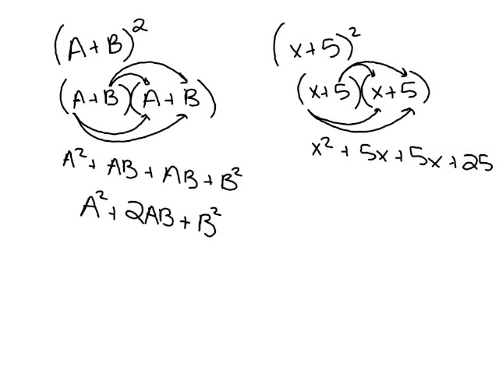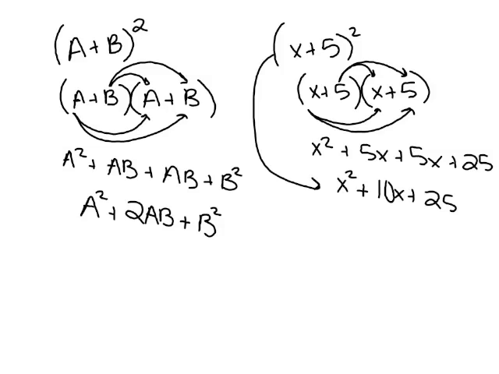Combine like terms: x squared plus 10x plus 25. So the shortcut is knowing that I can go from this to this and skip all those middle steps. I'll have x squared, my first term, 5 squared, my last term, and in the middle 5x times 2. You'll get the same answer if you FOIL it out and then add terms, but this is a shortcut way.